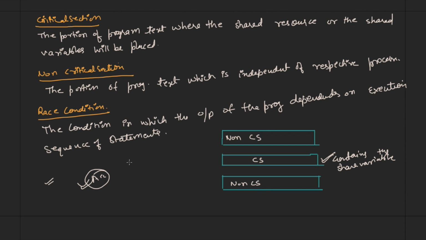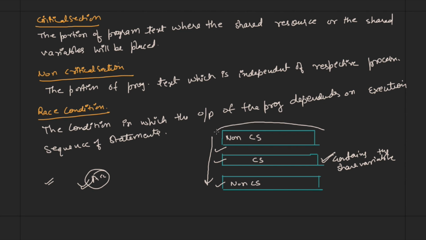In the same way, in a railway reservation system, the same seat should not be allocated to two people simultaneously. So you can see there's a non-critical section, a critical section, and again a non-critical section.